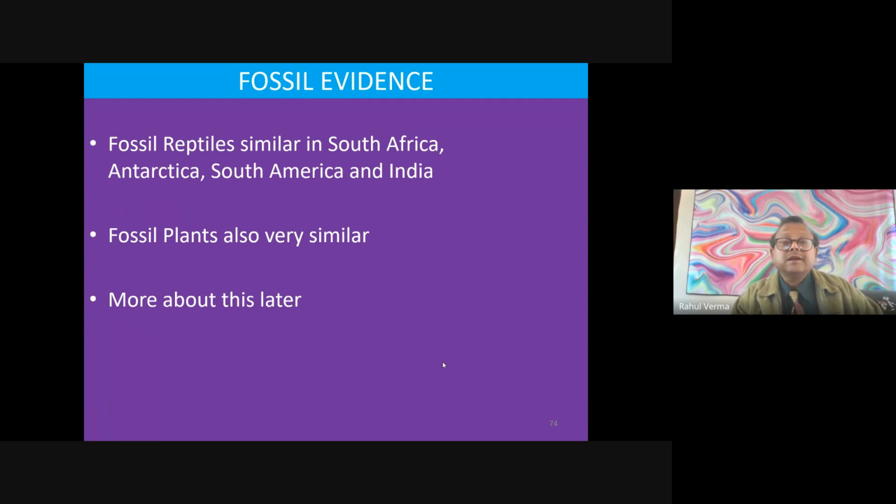This I mentioned earlier: similar fossils in South Africa, Antarctica, South America, and India. They gave the clue that even in Antarctica we have a lot of coal deposits. Now can you believe Antarctica is all frozen? And coal is from vegetal material. So how was there a huge amount of vegetation in Antarctica when it is so cold?